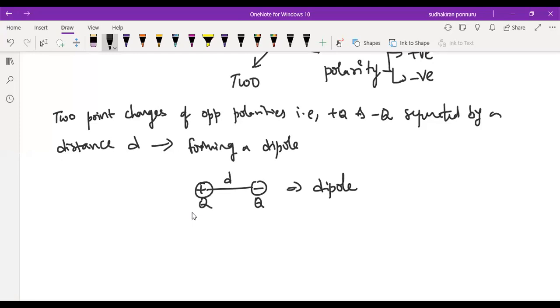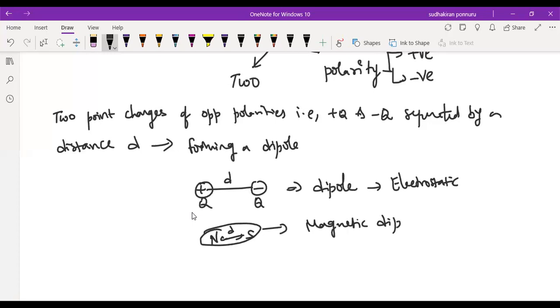This is in the case of electrostatics. Similarly, when it comes to magnetostatics, one north pole and one south pole, if they are separated by a distance d, altogether this is called a magnetic dipole.